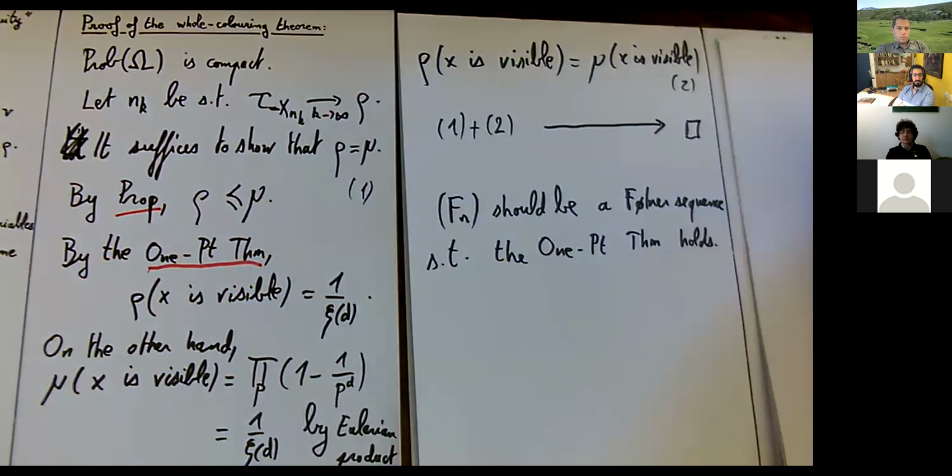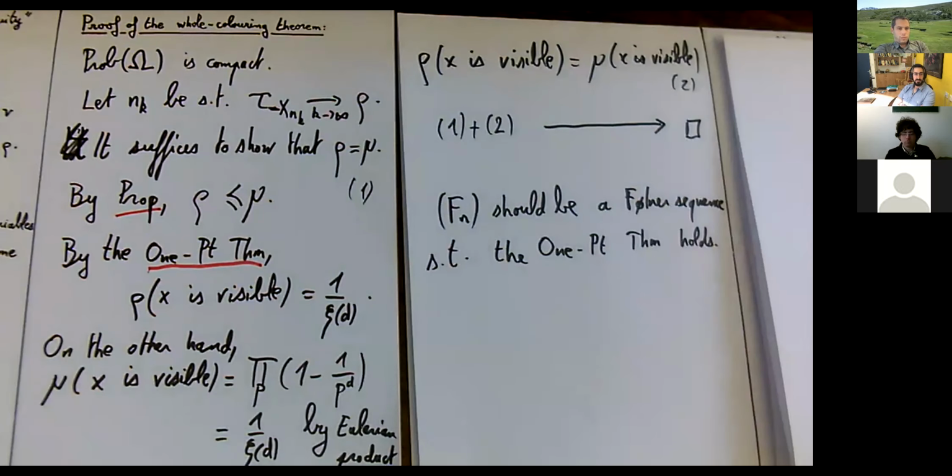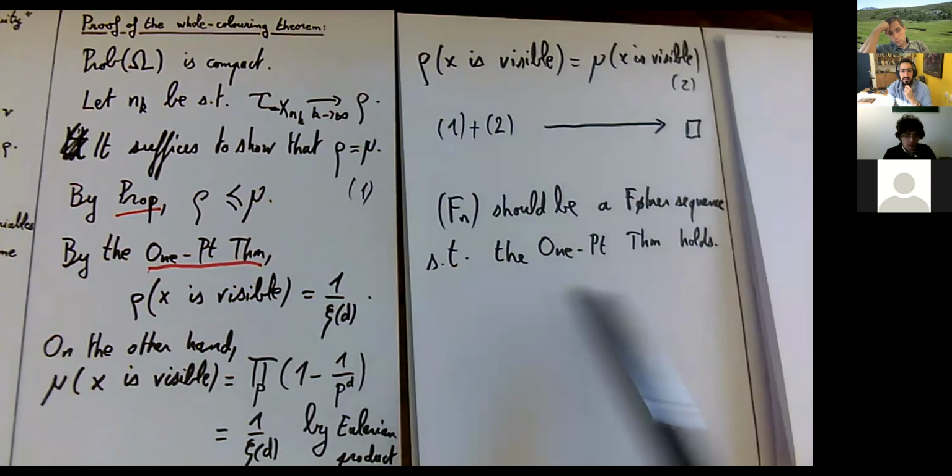I don't want to state a sharp one-point theorem, but there are statements with kind of minimalistic assumptions. I don't know if they are exactly optimal, but they are very natural and wide assumptions. So Fn should be a Følner sequence satisfying some condition I don't spell out. And this gives something more general than just the list I gave at the beginning with a square on balls.